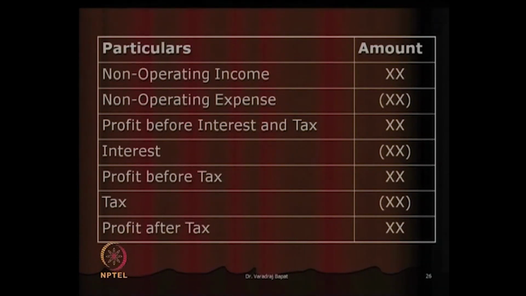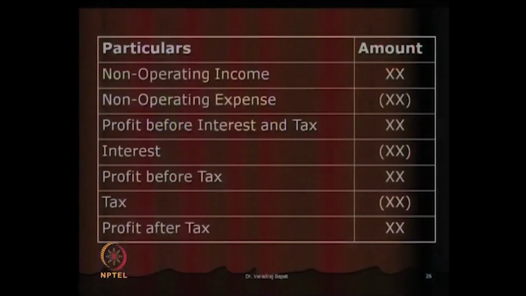Now, it is better if we show interest and taxes separately, because I come to know exactly how much is my profit or loss from operations, how much is my profit or loss from non-operating items, and interest, which is a finance cost, gets separately recorded, and tax, which is an outgo to the government, also gets separately recorded. So, in this detailed format, you get profit after tax. Again, you can use a variety of formats. I have just shown you 2-3 formats for your more clarity.